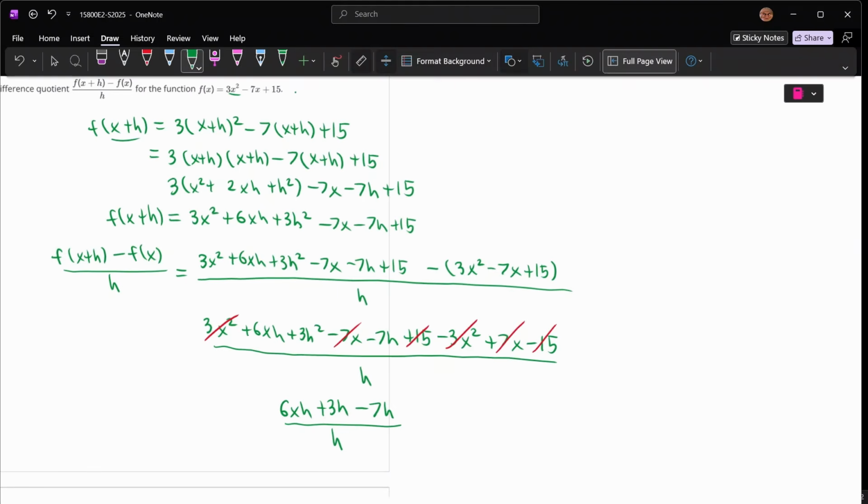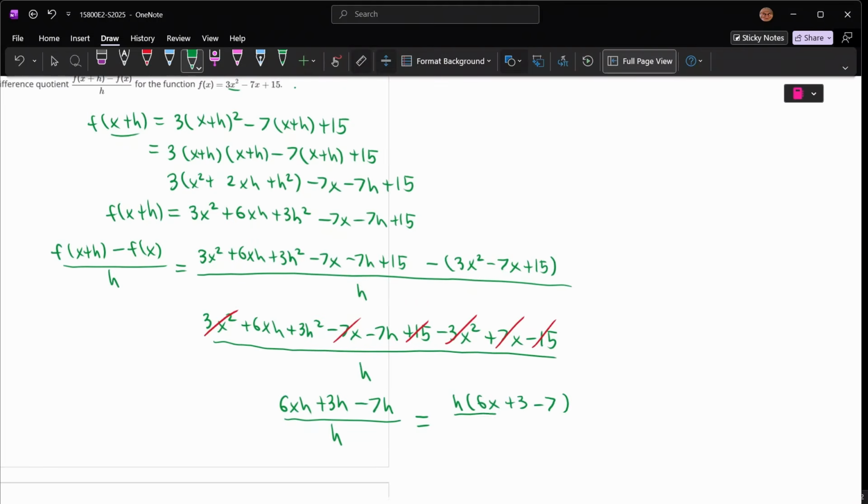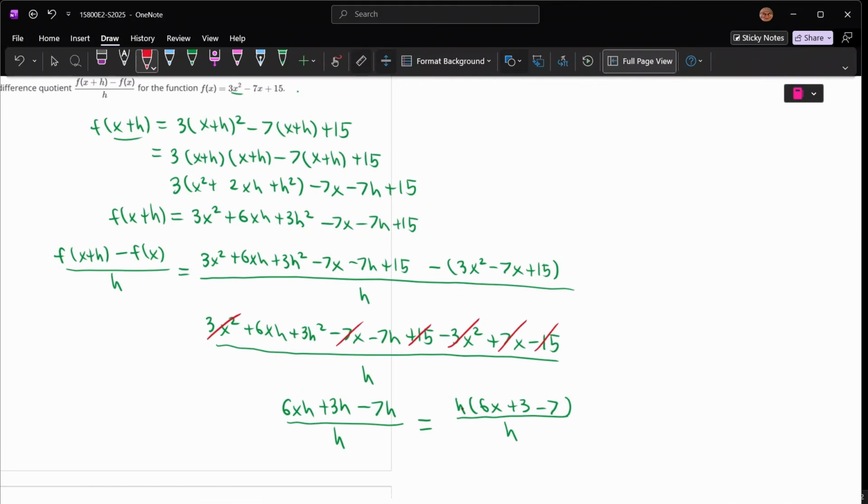Similar to how I distributed this negative sign into each of these terms, we can take out an h and go backwards and end up with an expression that looks like this, where we have h times 6x plus 3 minus 7, all over h. So from here, you can see how this h and this h are isolated, and so we can divide these together, and those h's are also going to cancel.